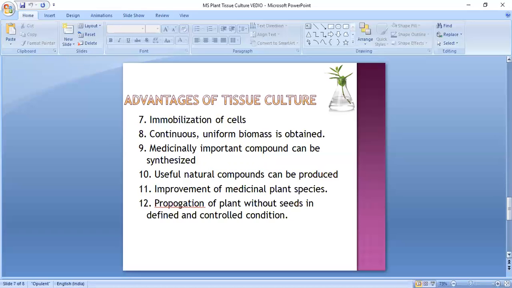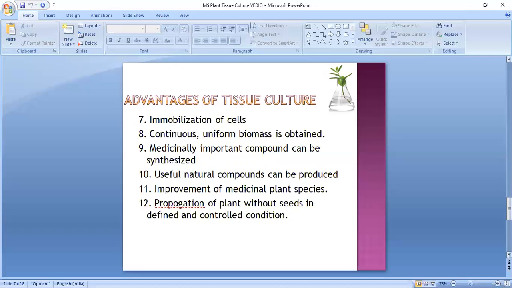Next point, medicinally important compounds can be synthesized, which can also be synthesized chemically. Medicinally important compounds means from the molecule or by changing the biosynthetic pathway, we can synthesize different compounds from that particular plant tissue culture.